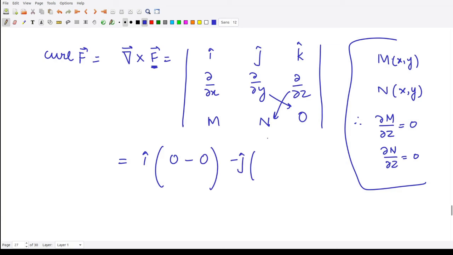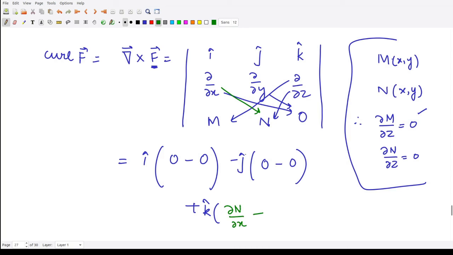Then you have minus j cap, the quantity this is 0, and then the quantity this is again 0, being this term. And then we have plus k cap. For k cap, we have this quantity, the partial derivative of n with respect to x, and then we have this quantity, the partial derivative of m with respect to y.